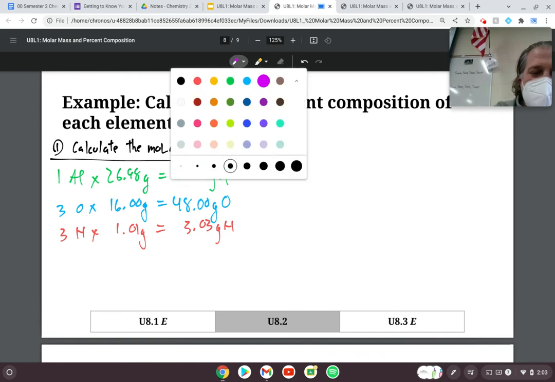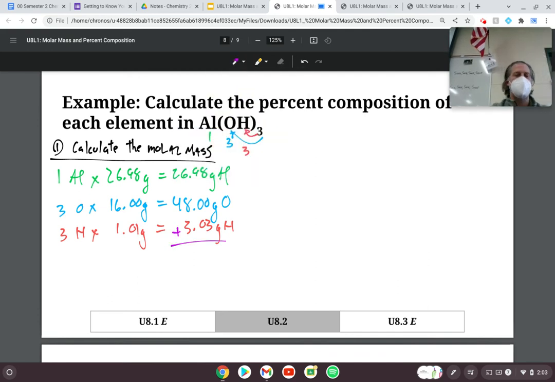Now, when I go to add this up, I get 78.01 grams per mole of Al(OH)3.